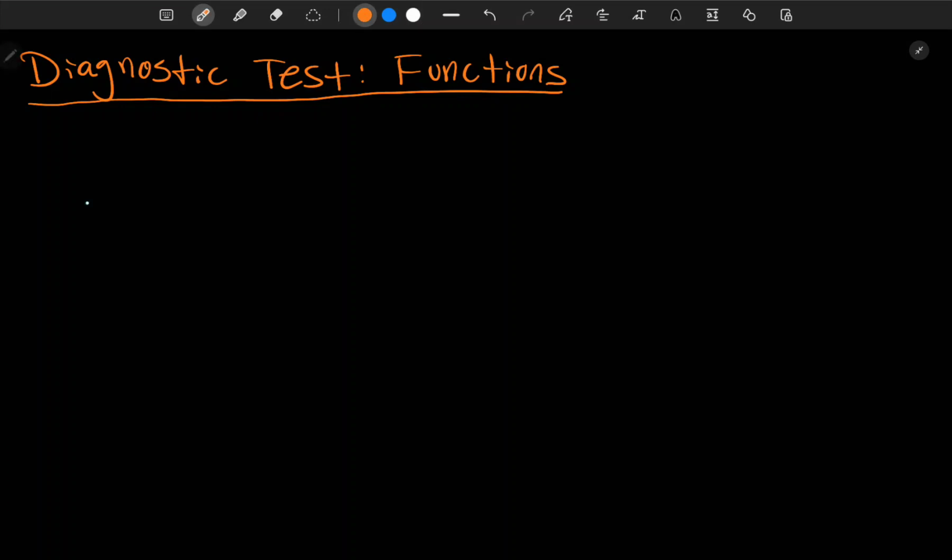So to start, we will look at a very important concept that will come up later in calculus. And right now, we just want to evaluate the following.